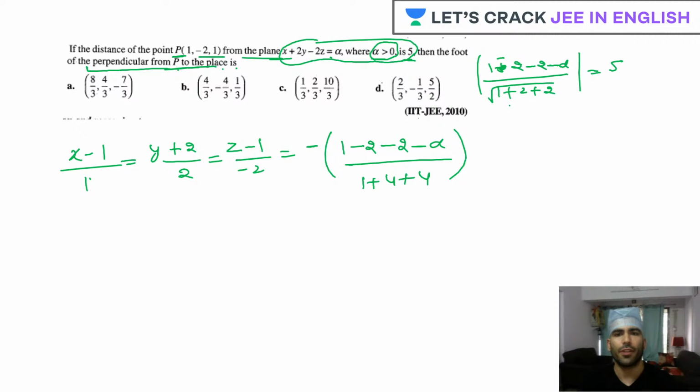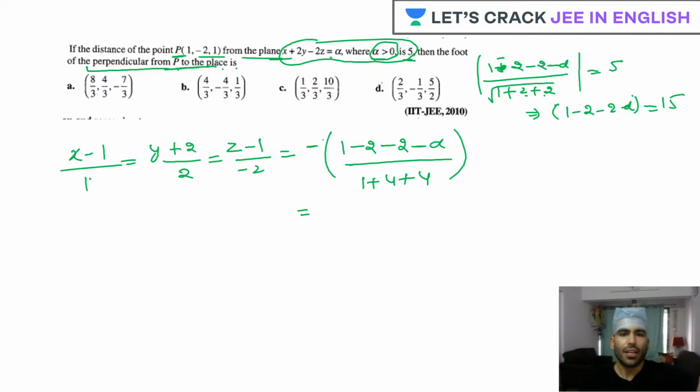That's what is given to us. Correct, guys? Now we can directly multiply here. The square root of a square plus b square plus c square is 3, so 3 into 5 is 15. So 1 - 2 - 2 - alpha can be written directly as 15.